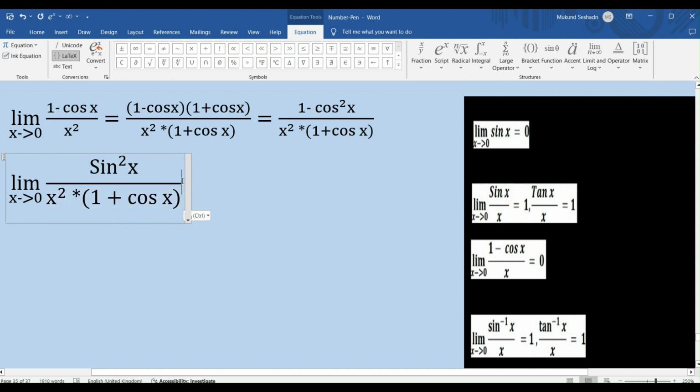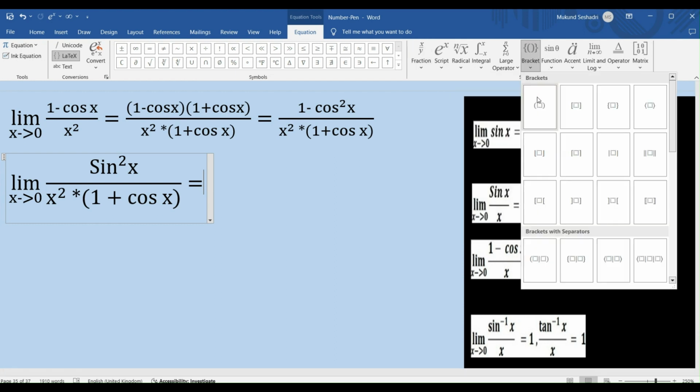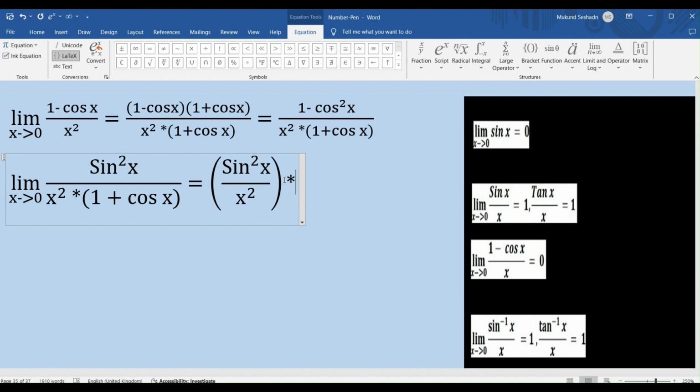And now you folks know how to solve the problem. Again, I'm going to rewrite this combining the sine square x by x square, which is limit as x tends to 0, right? I copy my x square, I have my into 1 by 1 plus cos x, right?